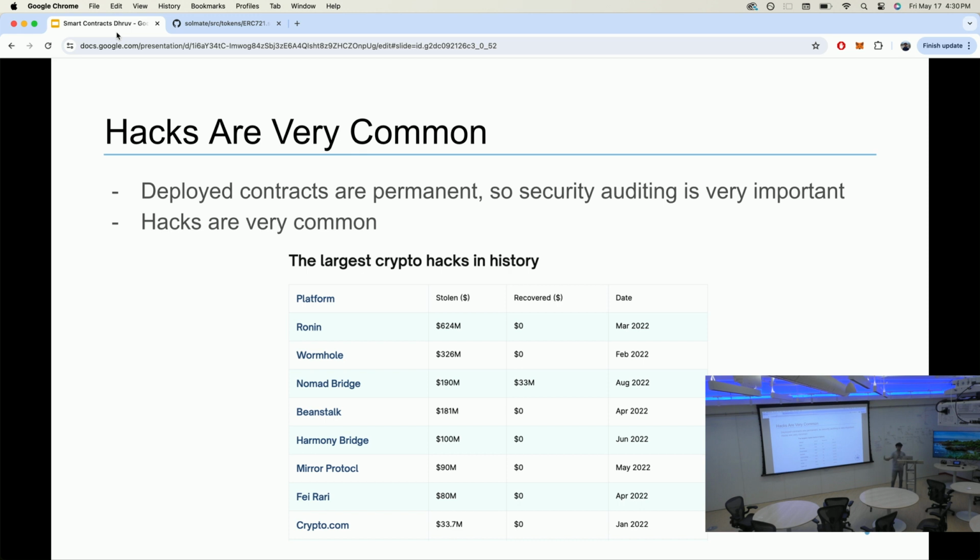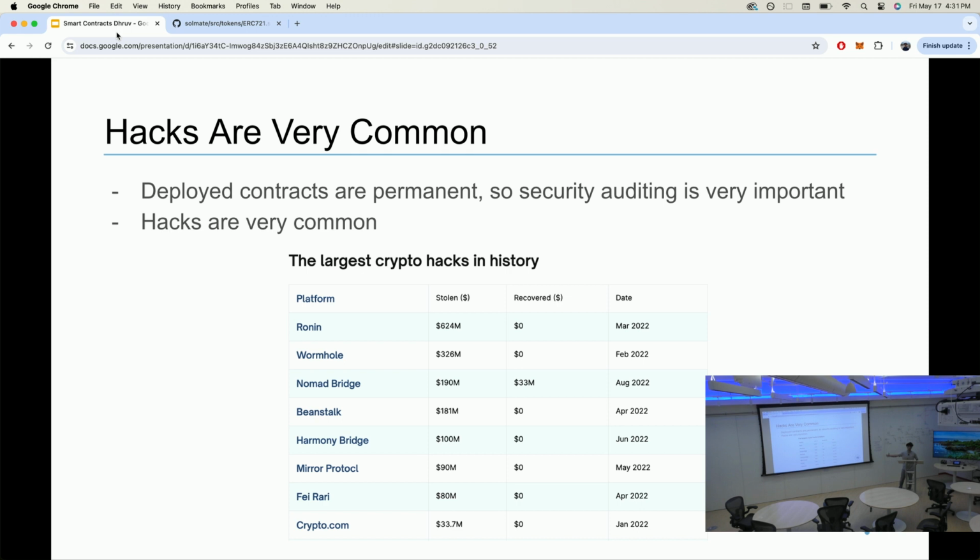Because if there's a bug or some loophole where someone's able to call some function where they can pretend to be someone else, and they're able to take some money out of a contract that they shouldn't have been able to take, the code's kind of stuck like that. But there are some things like circuit breakers and upgradable contracts that allow for that to be mitigated, but that gets a little bit more into the weeds of it.